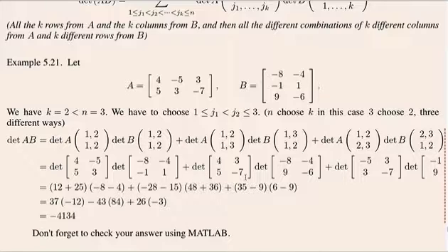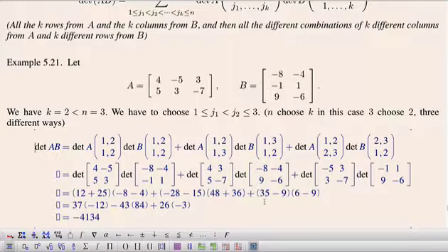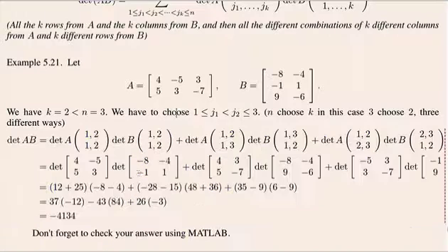Then 4 by minus 7 minus 28 minus 3 times 5, 15 times 6 by 8, 48 minus minus 36 plus 36, and finally 35 minus 9 and 6 minus 9. So that's altogether, if you calculate it, we end up with a minus 4134.